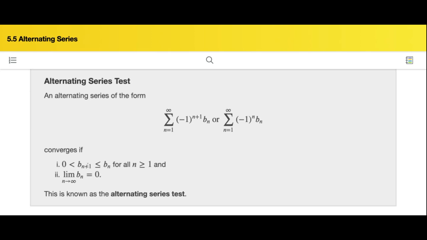So Bn itself decreases, and the limit of the nth term goes to 0 when n approaches infinity. Okay, this is known as the alternating series test.